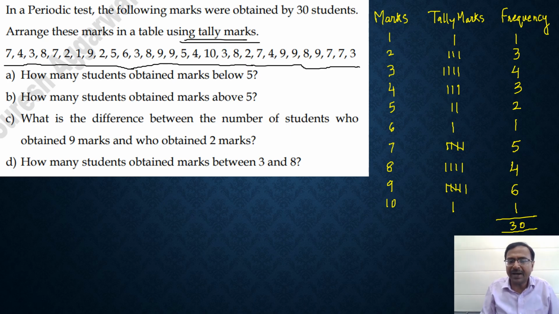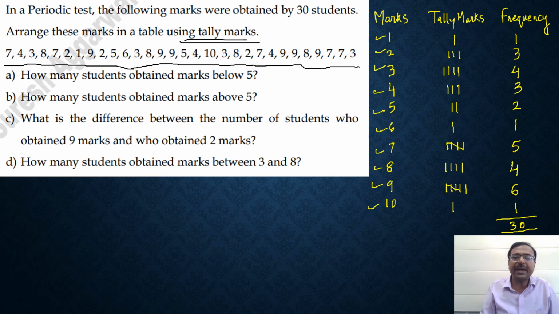What I have done there is I have listed all the possible marks the students have obtained. The minimum marks is 1 and the maximum marks is 10. So I have enlisted all the values from 1 to 10. So 1, 2, 3, 4, 5, 6, 7, 8, 9 and 10.